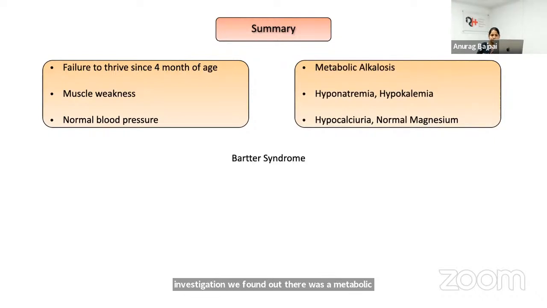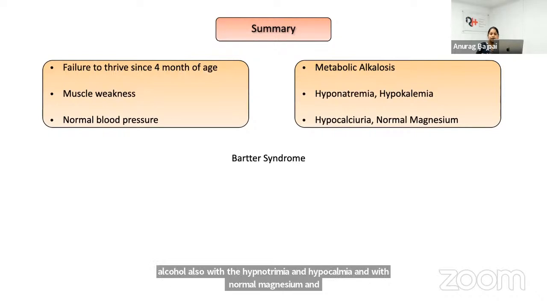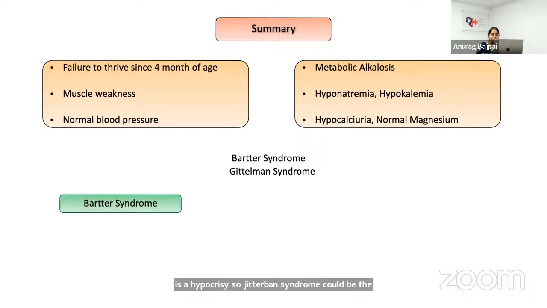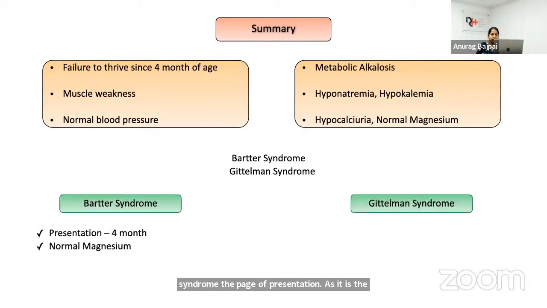As sir has already mentioned, Bartter syndrome has to be the first possibility. But as there is hypocalciuria, Gitelman syndrome could be a possibility. The points in favor of Bartter syndrome are the age of presentation, as it is an early presentation, and normal magnesium. Points in favor of Gitelman syndrome are the mild severity.